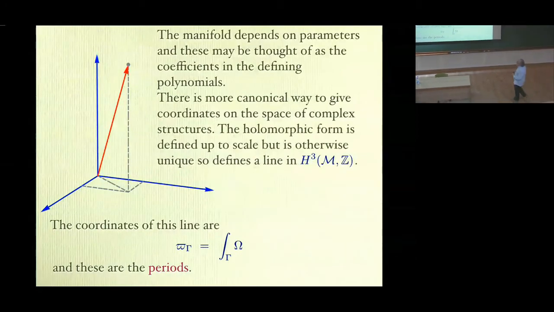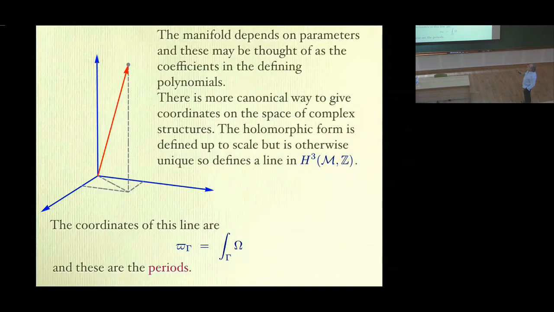And so this 3 form defines a line in the third homology. And the homology is a big space. We can think of the third homology defined over the integers. So that has a topological basis. So we have a big space. We have a basis. The basis is defined over the integers, so it doesn't vary with the parameters. And within that space, we have a line which, as we vary the parameter, this line moves around.